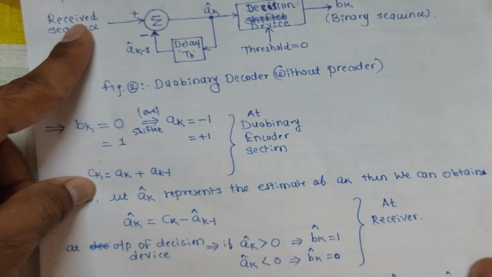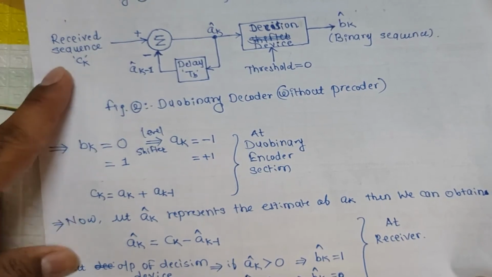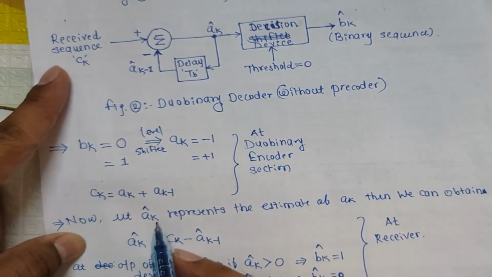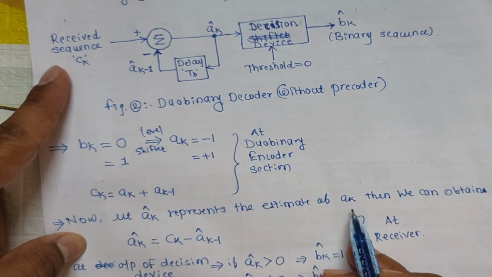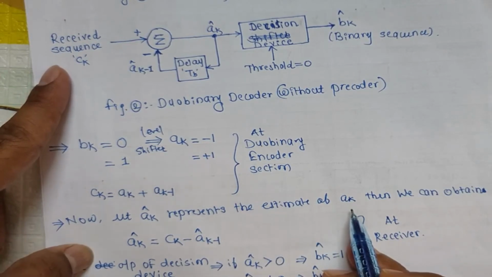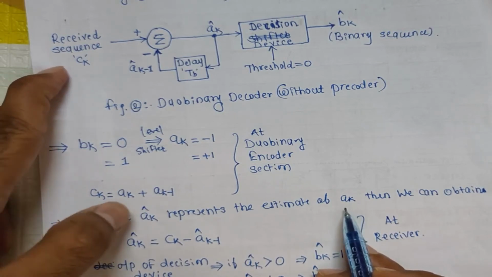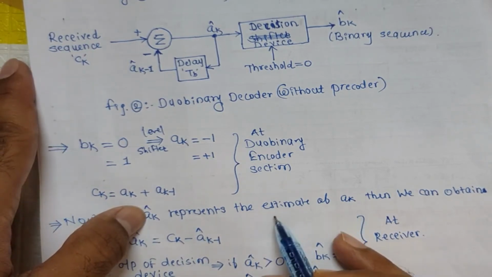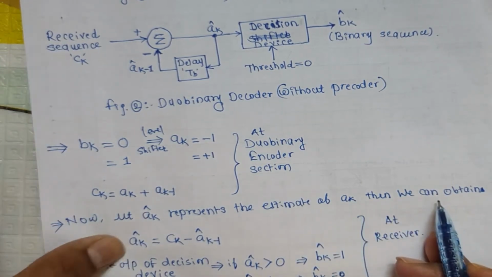Now we have to look at the receiver also. So let ak cap represent the estimation of ak. As I said, it's a correlative coding, so we are going to estimate the bits. We are going to predict the bits from its previous bits. So if ak cap represents the estimate of ak, then we can obtain ak cap here.